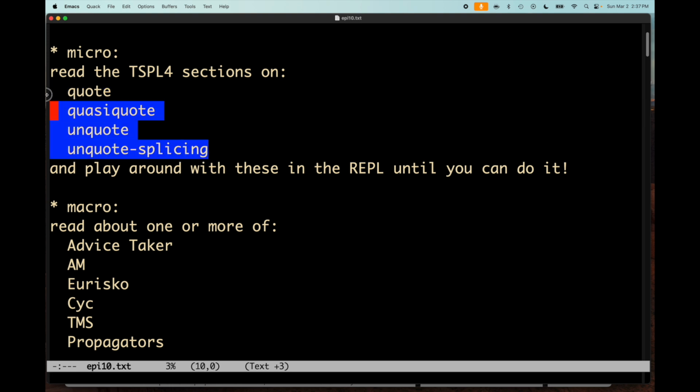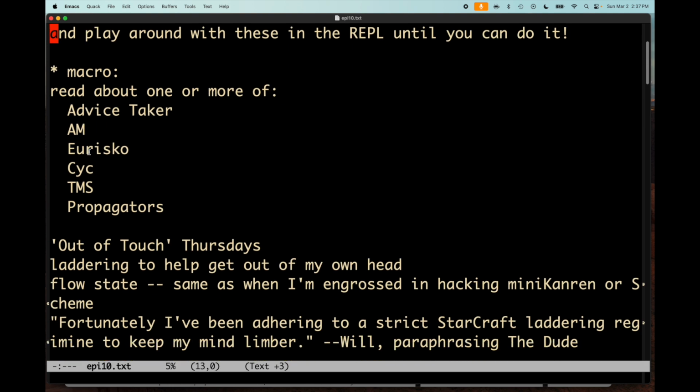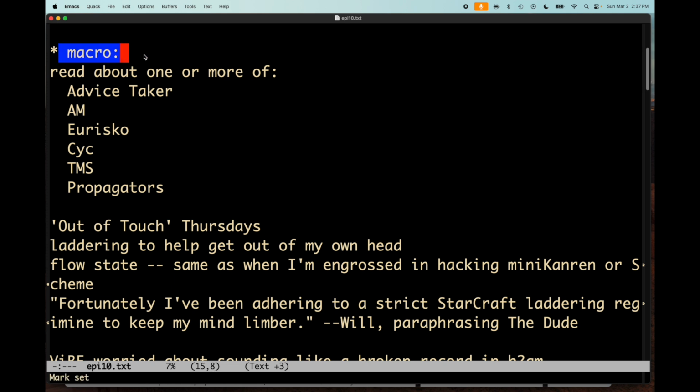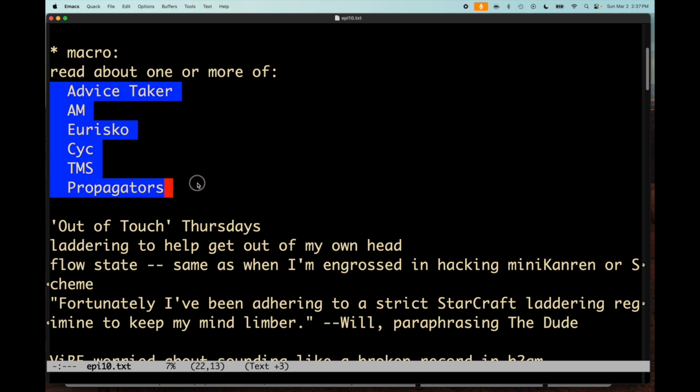And if you can't do that, then keep practicing. For macro, read about one or more of Advice Taker, AM, Eurisko, Psych, truth maintenance systems, propagators. These are classic, good old-fashioned GOFAI systems, and they all have some connection to Lisp, some of them to Scheme. I think they're interesting because they're from the 1950s, 70s, and 80s.